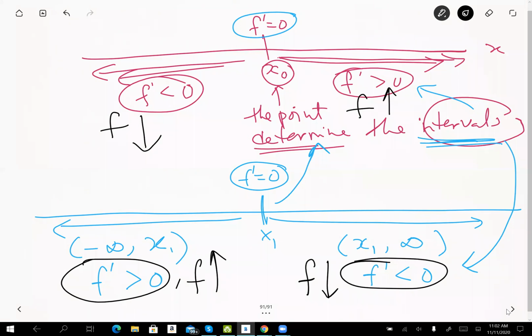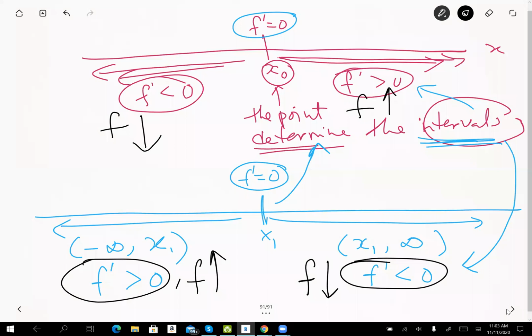If you look at the first graph, the critical point is x0. To the right, where f prime is positive, you can see the function is going up. And to the left, where f prime is negative, you can see the function is going down. So that we can relate.